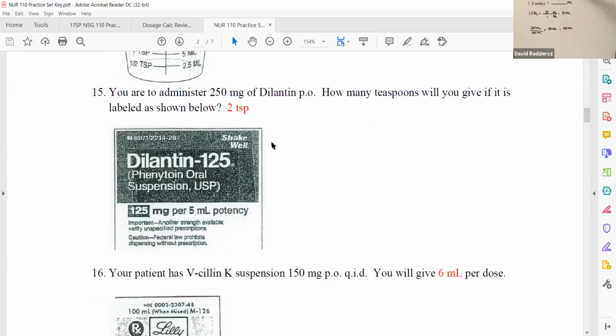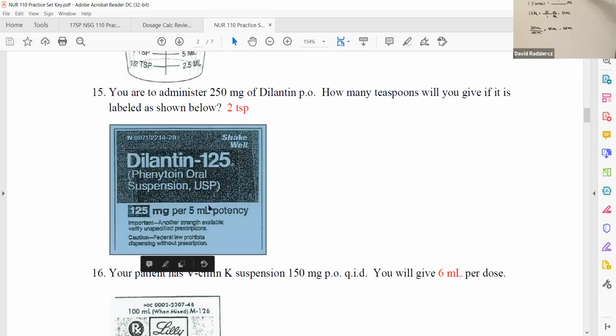Another thing that is important to know, just keep in mind when you're doing some of these practice questions, make sure you answer it how they want you to answer it. So this is asking you to give the answer in teaspoons. But notice it gives you the dose available in milliliters. Okay. Now, this is another thing that might be helpful.